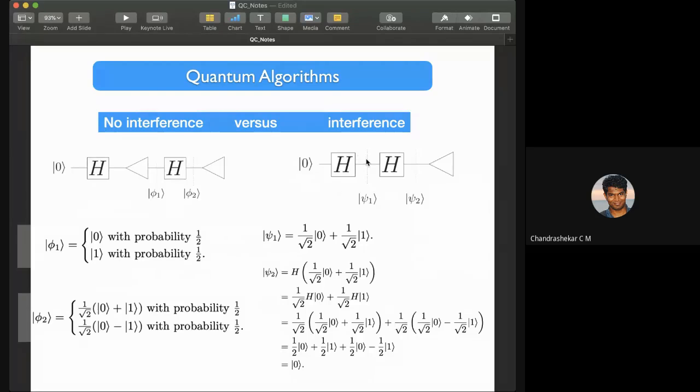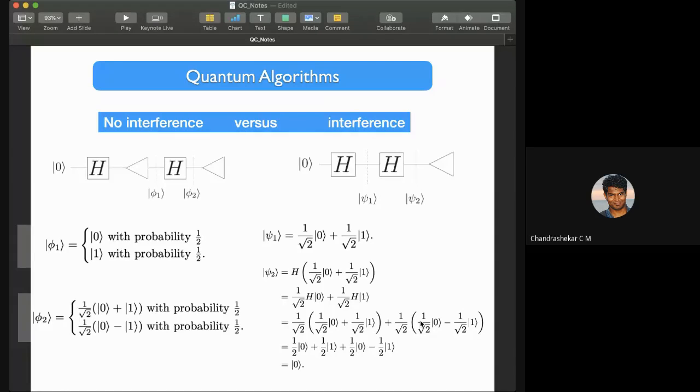Just with a simple Hadamard, we can actually show interference here. You can see 0, you apply a Hadamard operator. So it means that I'm getting a superposition of these two states. Now that is psi1. Now you don't make a measurement. Like here we have introduced measurement, but here we don't. Again, you apply Hadamard on the same state. So here you can see Hadamard on this and Hadamard on this. You're going to get 1 by root 2. Again, this will be in superposition of the terms, and this term will also be in superposition of these two terms.